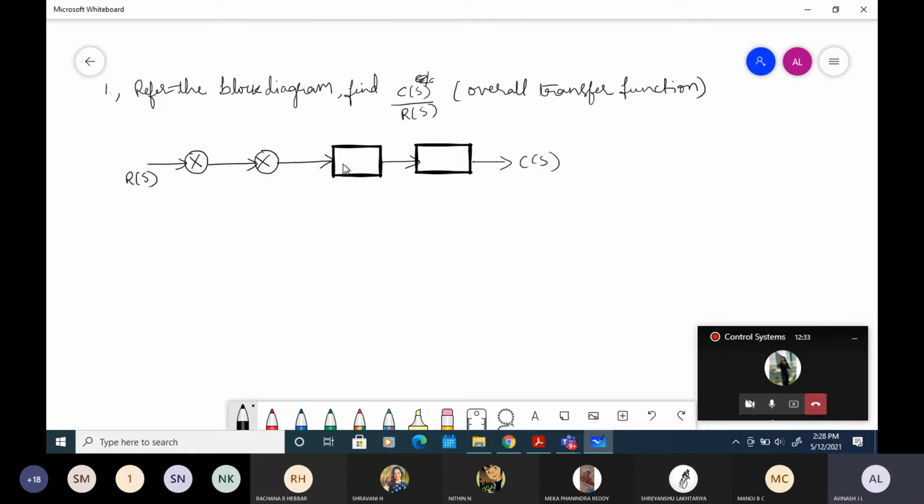Two blocks are there, so the block value is G1, G2. So in the top it is plus, and the feedback is minus. Okay, so now this is the question what they have given.